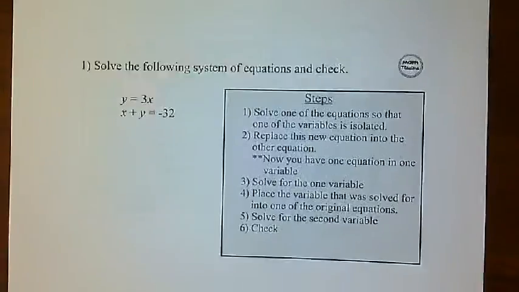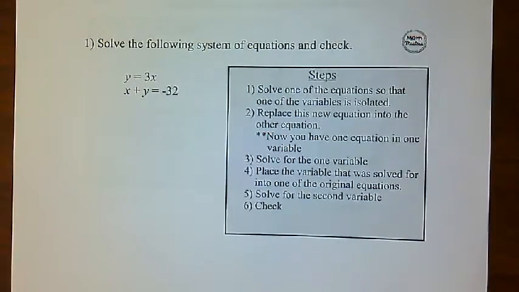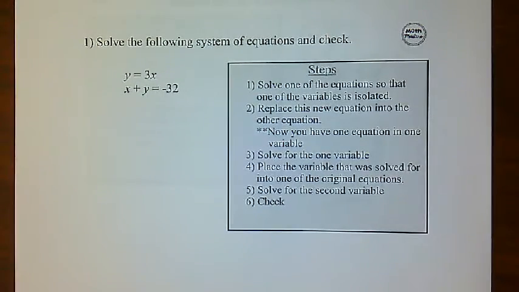All right, for question number 1, I have the steps for you so that you don't have to go back and forth between today's lesson and yesterday's lesson. So we'll start out very simple again. So remember, wherever I see a y, I am going to substitute in my 3x. Okay?